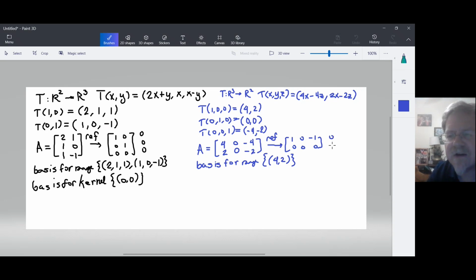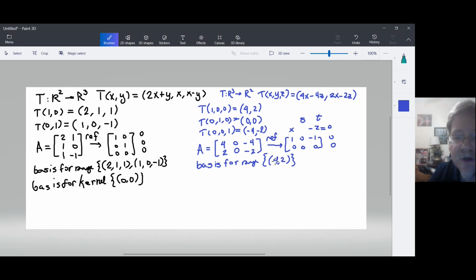Well, if we toss a couple of zeros out here, here I've got 1x minus z equals 0. Then x and z have to be equal, and y could be anything. So we can have a parameter for y and a parameter for z: x would equal t, z would equal t, but y would equal s.